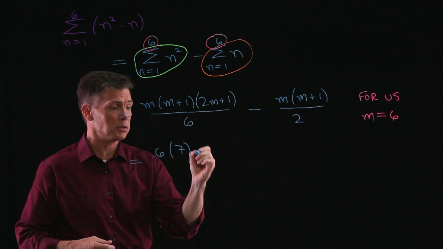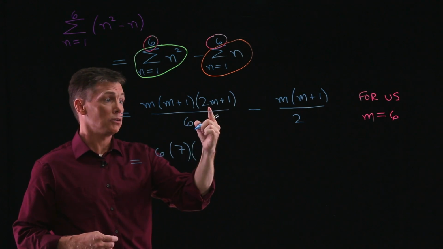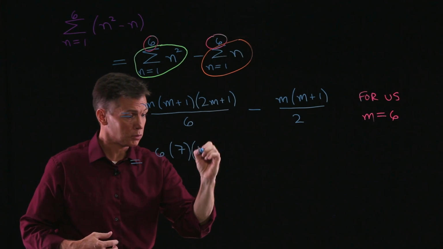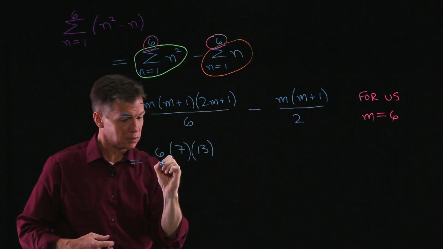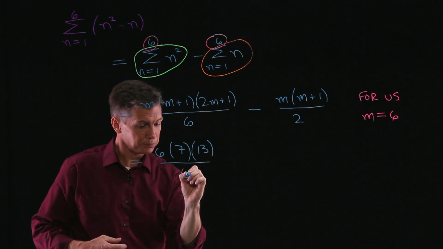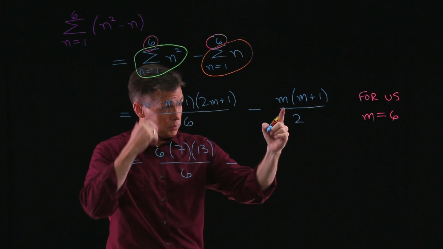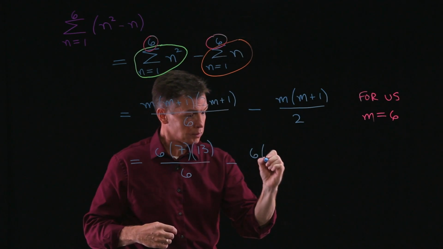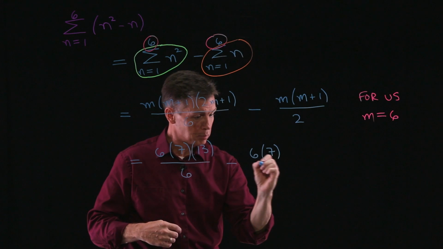Let's just do a little bit of arithmetic in our heads. 2 times 6 is 12, plus 1 is 13. I still need to divide all of that by 6. Subtract 6 times 7 divided by 2.